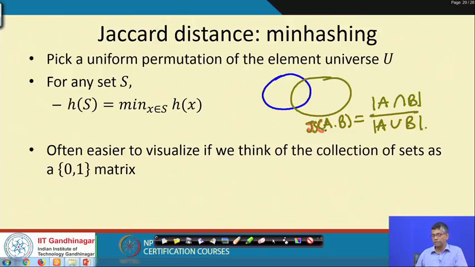The Jaccard similarity between A and B is defined as the cardinality of A intersection B divided by the cardinality of A union B. And this is a similarity measure.